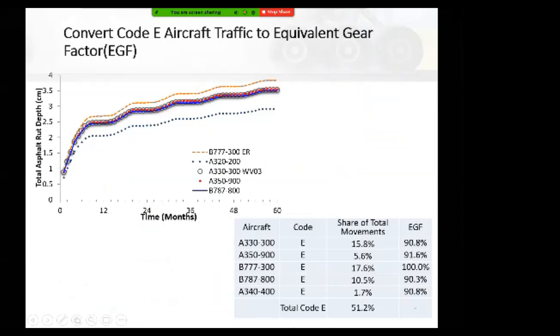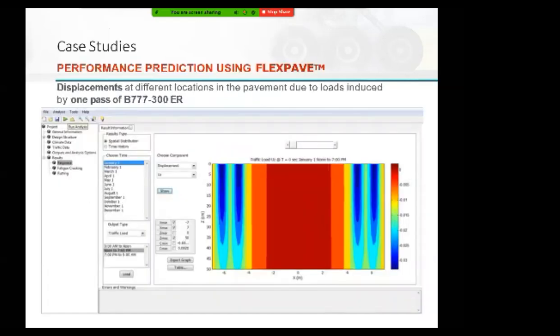So the B777 is our reference plane now. It's like an ESWL, but now I'm going to call it an EGF, equivalent gear factor. And I transformed the damage done by the others. I calculated the damage due to other planes and divided it by the damage of a 777 and came up with EGF.